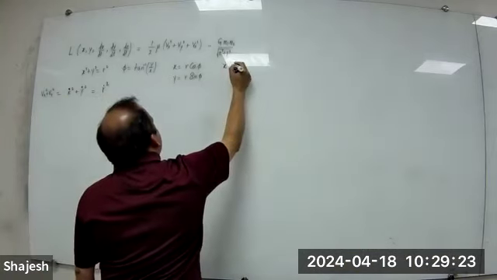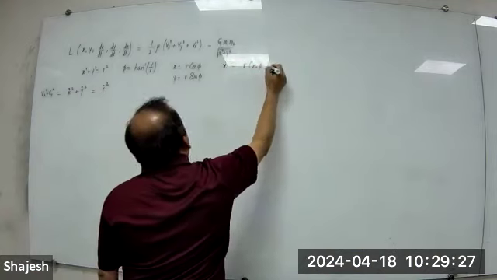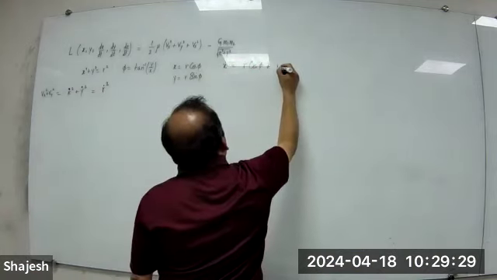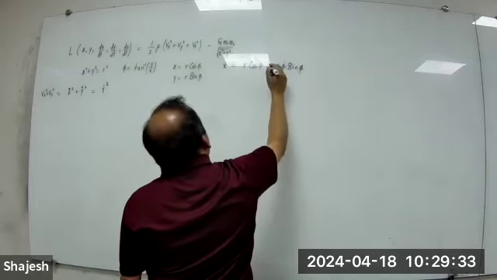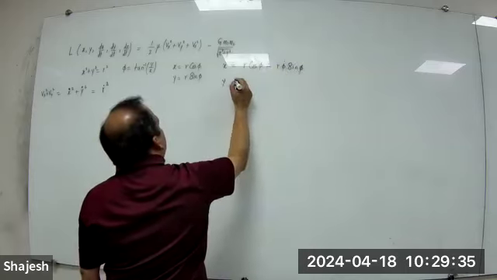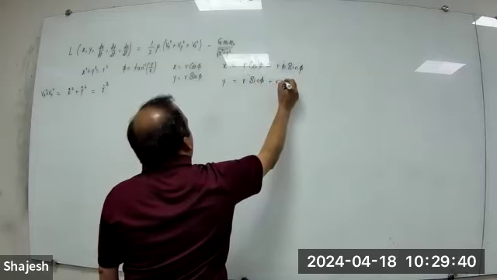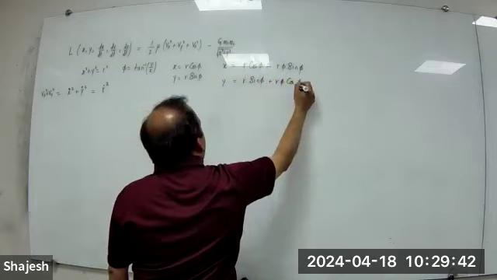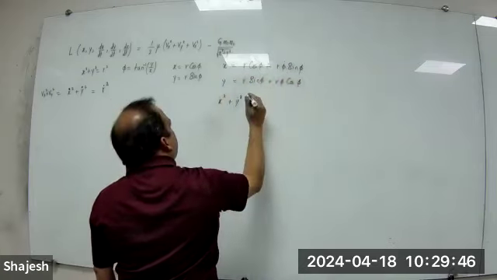Okay, let's do this. x dot is r dot cosine phi minus r phi dot sine phi, with the minus sign, right? y dot is r dot sine phi plus r phi dot cosine phi. x dot squared plus y dot squared, I have to square this.